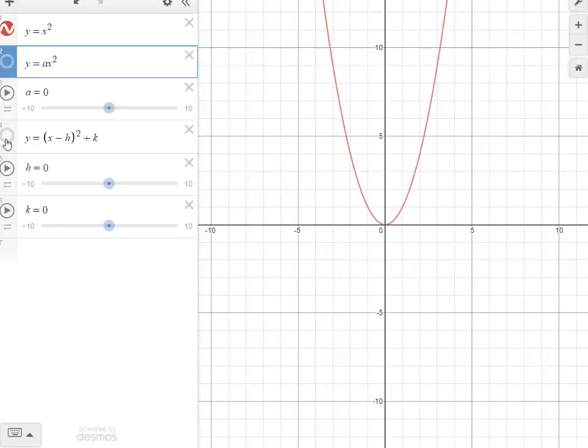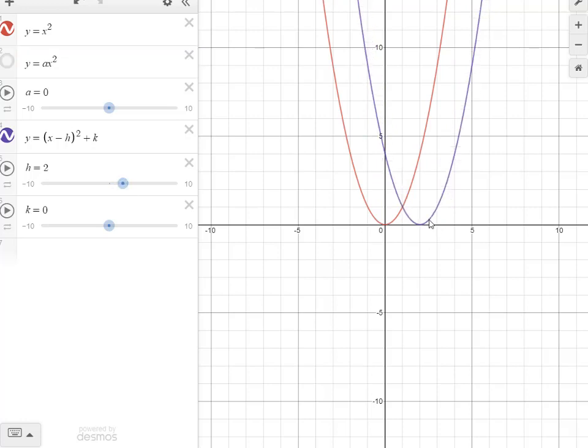All right, now we're back here. I'm going to enable my purple line here, which will be my adjustment for H and K. Let's try a horizontal shift because that's our first step. I'm going to increase H. And when I increase H, let's say 2, our vertex changed to 2, 0.